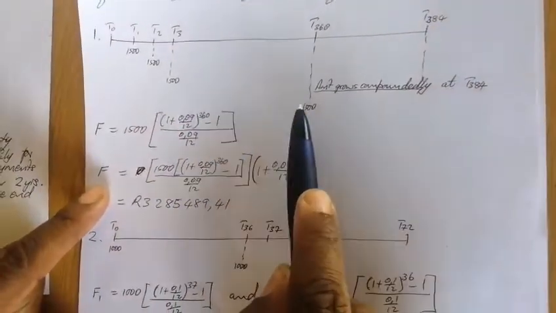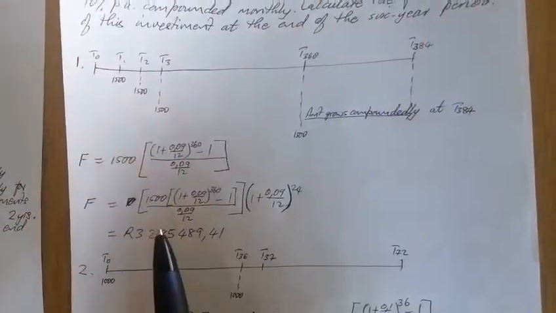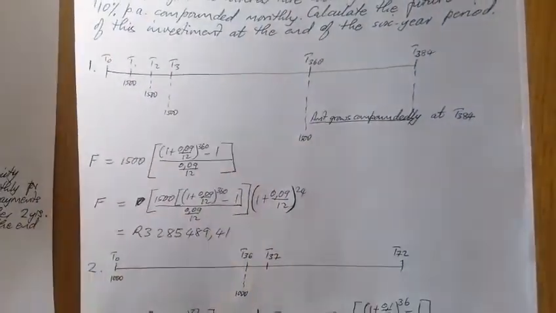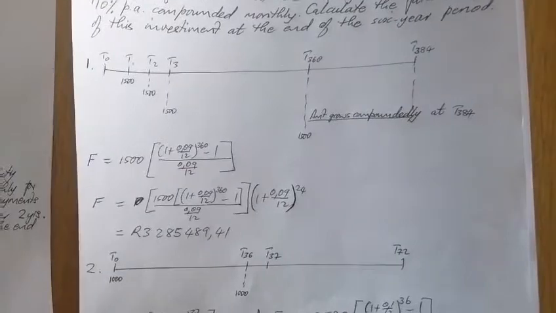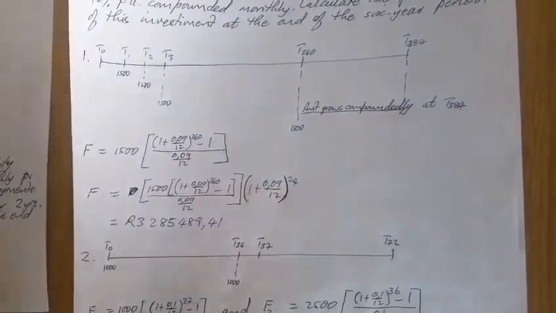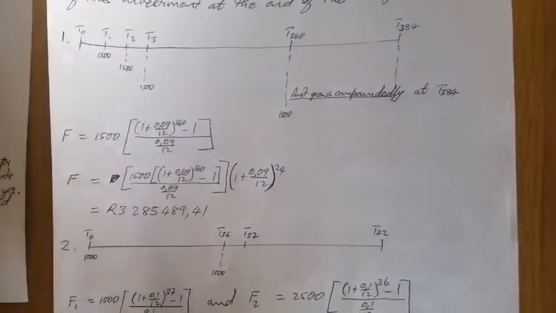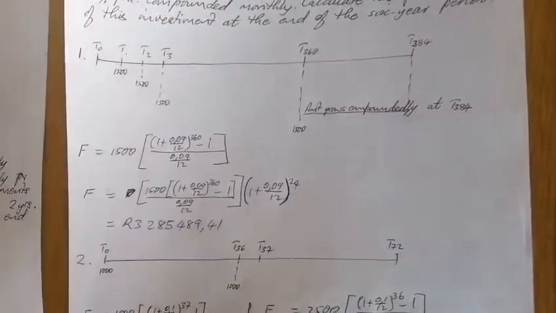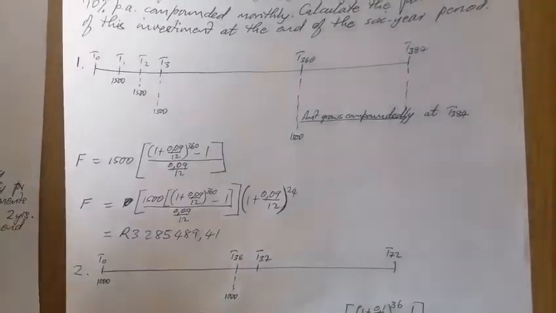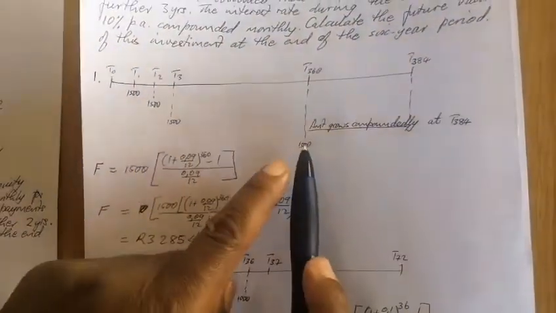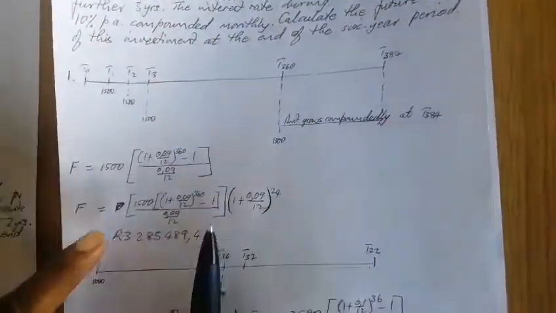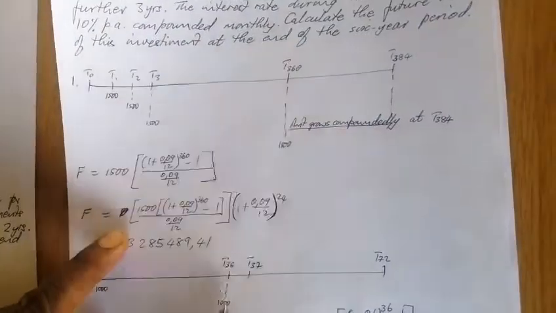Because this is not being terminated here, Peter decides to leave this amount in the account for a further 2 years, which means we have 24 months when this amount is growing compoundedly. So we all know the compound formula: A is equal to P bracket 1 plus i, all in brackets to the power n. We make sure that the amount at T360 becomes our P, which is the future value we calculated above.